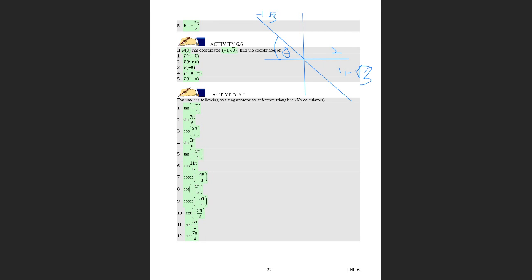So can you repeat number 2? Number 2, theta plus pi is going to be here with theta. If I add 180, it's going to come to the 4th quadrant.